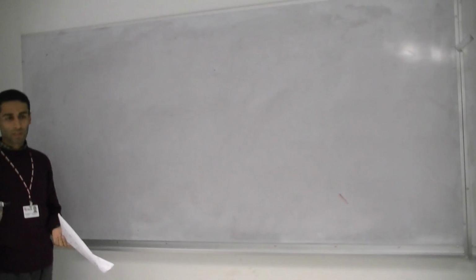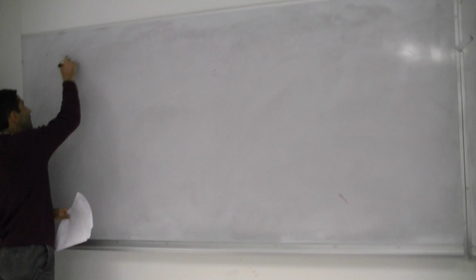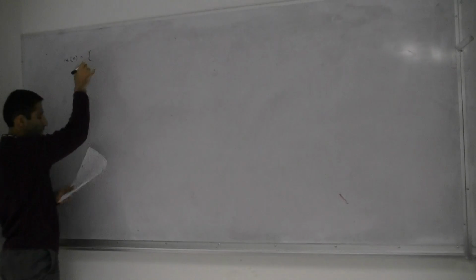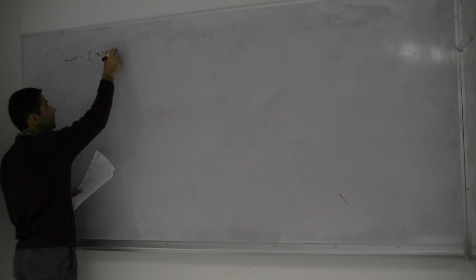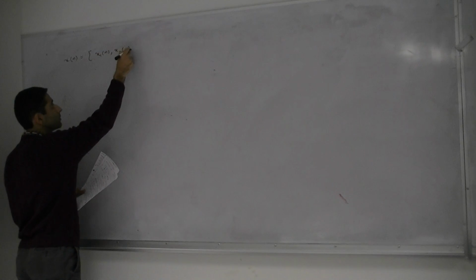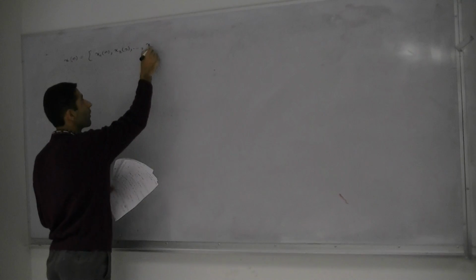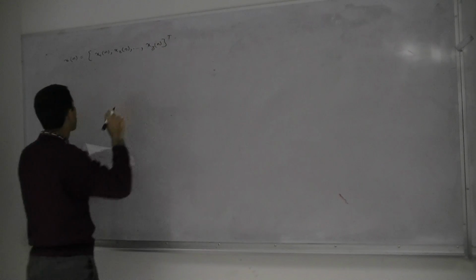First we assume an input vector, x_n, equal to... this is the vector for each entry of the data.